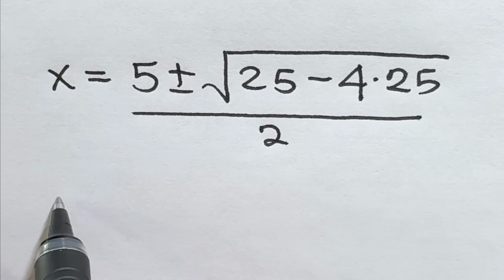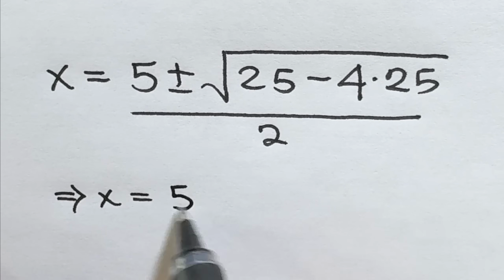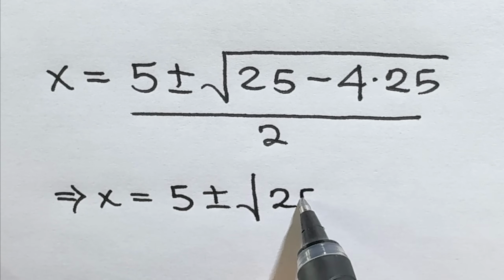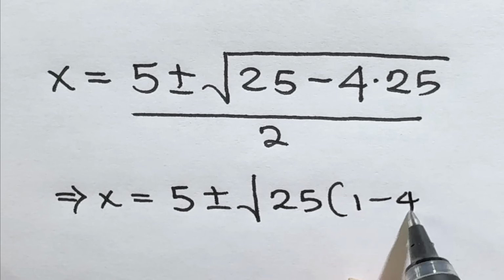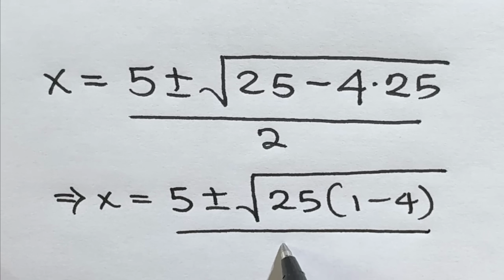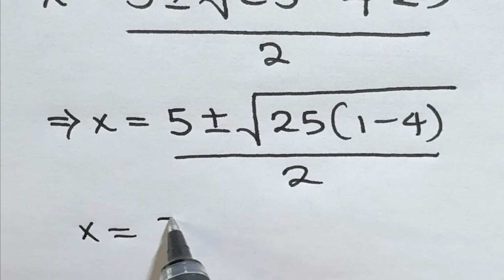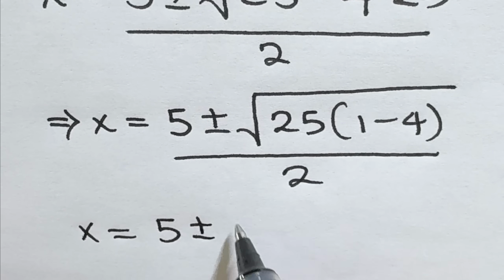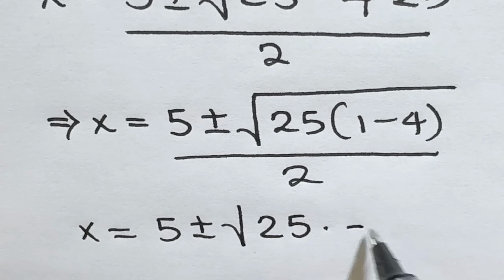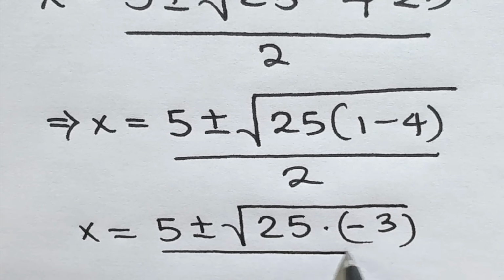This will imply that x is equal to 5 plus or minus, again we factorize 25 into 1 minus 4, then divided by 2. So we have x is equal to 5 plus or minus the square root of 25 times negative 3, divided by 2.